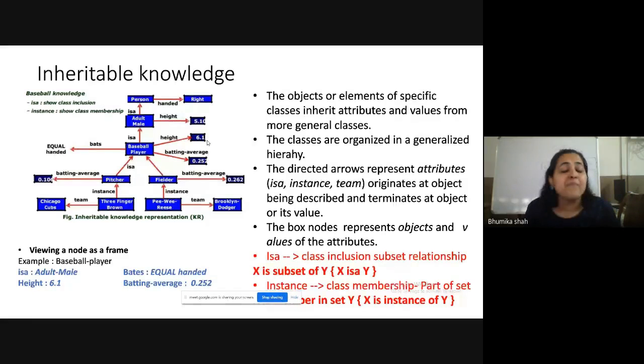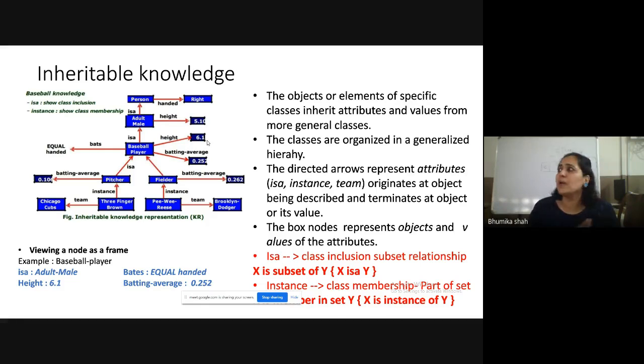Let me repeat. The square or rectangle boxes which you observe over here are either the name of the object, name of the entity, or they are values. And the relationship between the object and the value is written as a label on the arrows. So if we describe this hierarchy of the baseball problem, then the most super class is the person class.